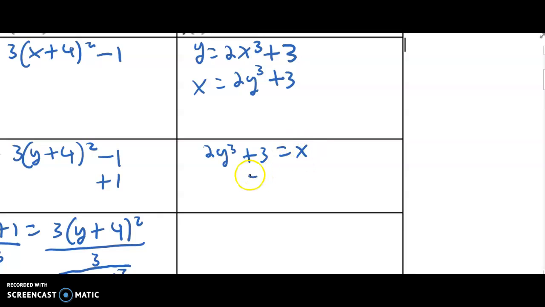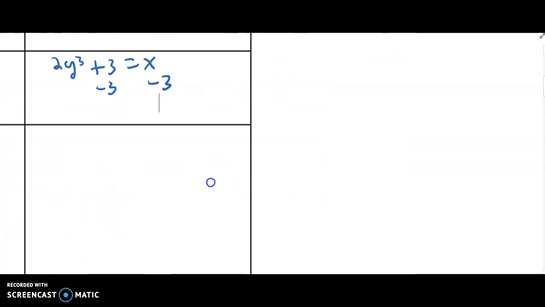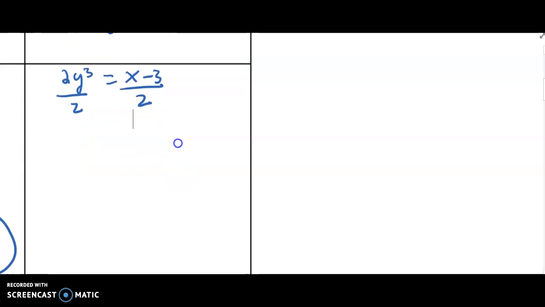Okay, take away 3. So I have 2y cubed equals x minus 3. We're going to divide out the 2. And I've got y cubed equals x minus 3 over 2.